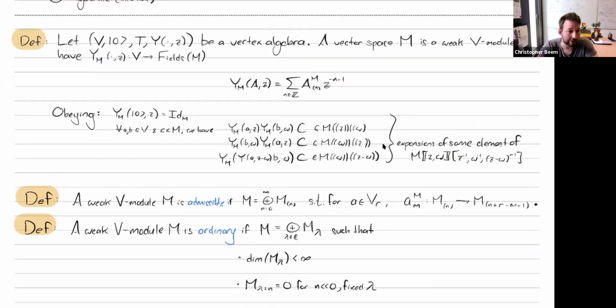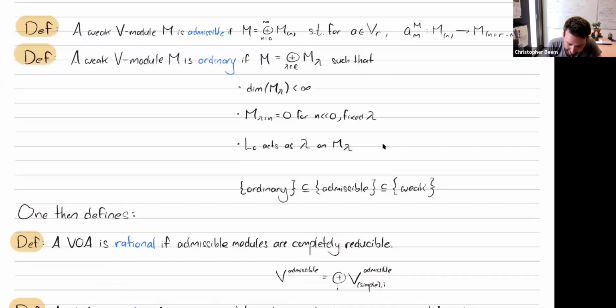So a weak module is just something where the vertex operators act self-consistently. An admissible module is one where your module space is graded and the vertex operators act in a grade consistent way. We had this rule that a homogeneous vertex operator acted between different graded components in an appropriate sense, and here you demand the same thing for acting on this other vector space, the module.